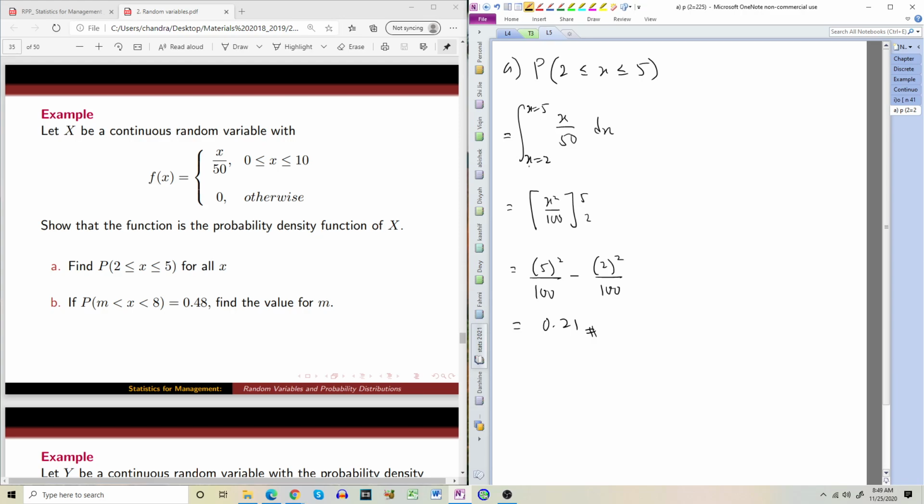So whatever value is here must be between 0 and 10. But in school, to simplify, they just write 5 and 2. You must remember that this 5 and 2 is actually your x.